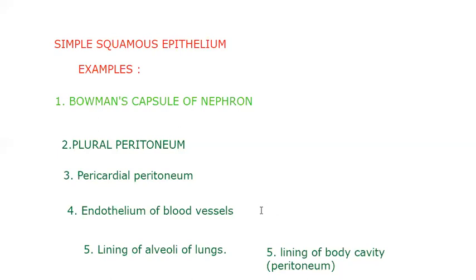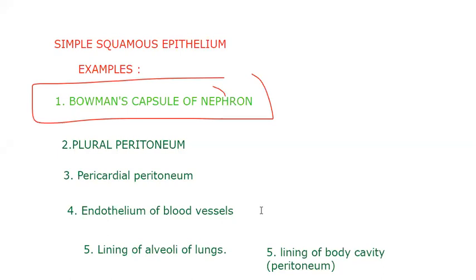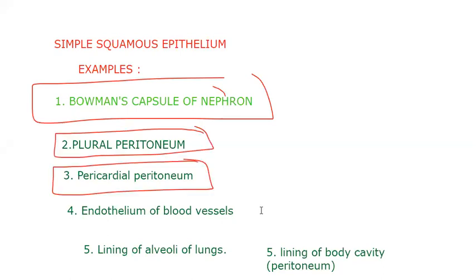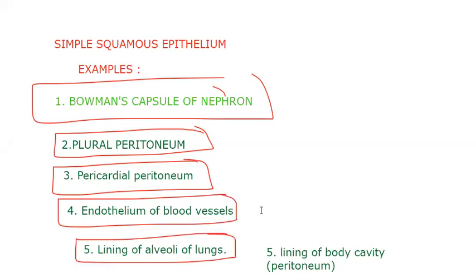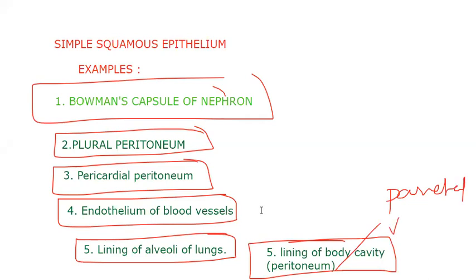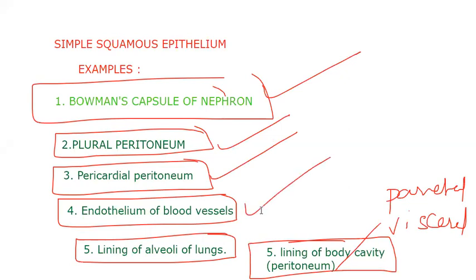Examples: the Bowman's capsule of nephron, pleural peritoneum, pericardial peritoneum, endothelium of blood vessel, lining of alveoli of lungs, and lining of body cavity, which we call peritoneum, of two types, parietal peritoneum and visceral peritoneum.